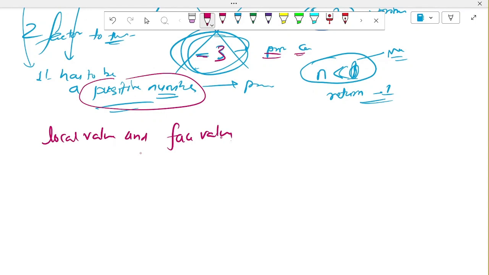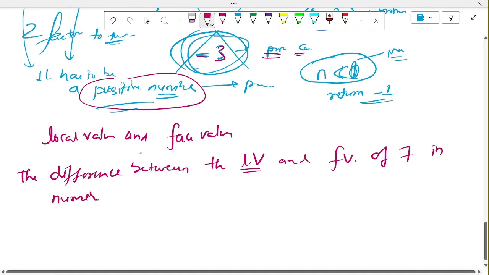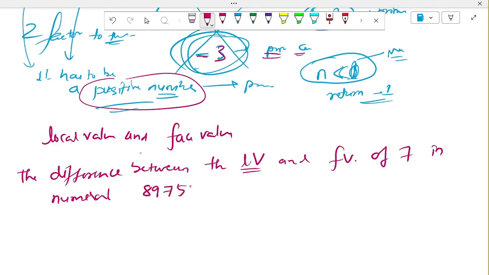Okay. Now, the question is the difference between the local value, LV is local value, and face value of 7 in numeral 8975004.